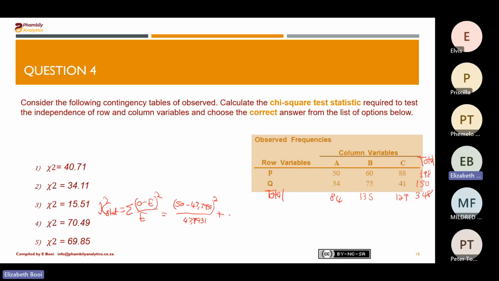And you need to do all of them. I'm lazy. Until you get to 41 minus 40. So 150 times 129 divided by 348, which is 55.